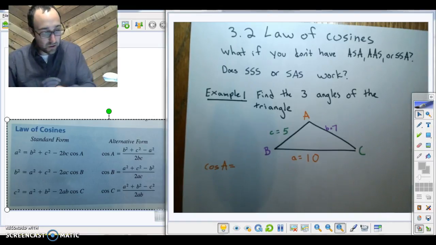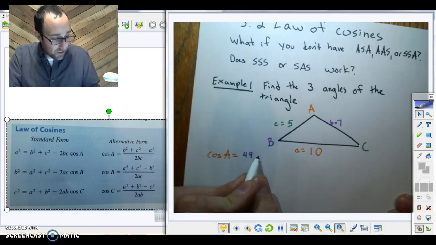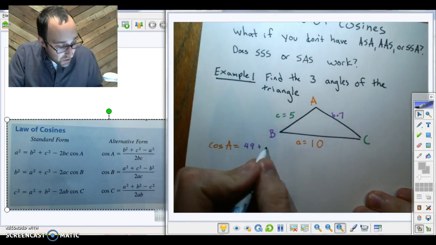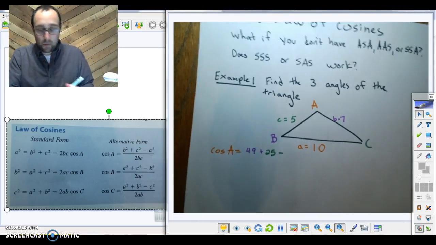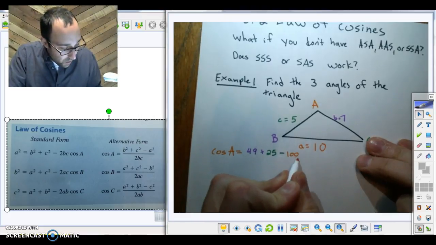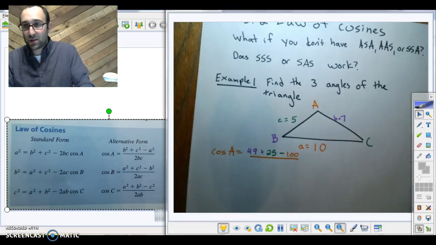B squared is 7 squared, I'm just going to write it as 49 right now, plus C squared, which is 5 squared, 25, and then minus A squared, minus 100, all over 2 times B times C.